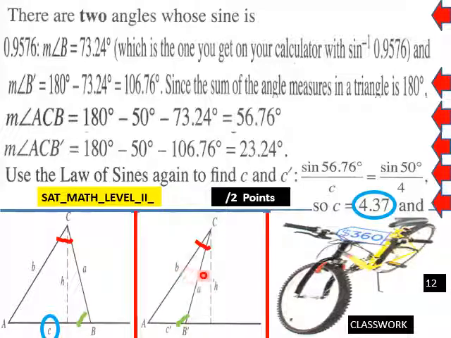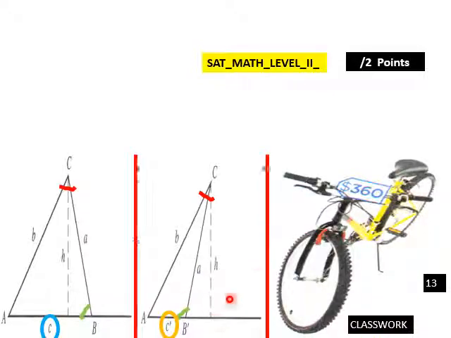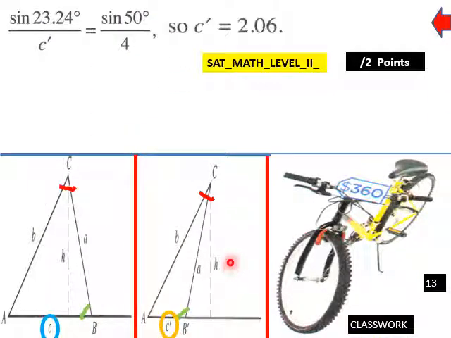And then solving for the final side here, C prime, setting up our proportion, sine 23.24 over C prime equals sine 50 over 4, that will give us 2.06 for the length of C prime down here.